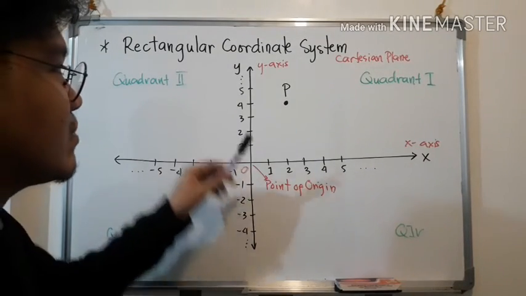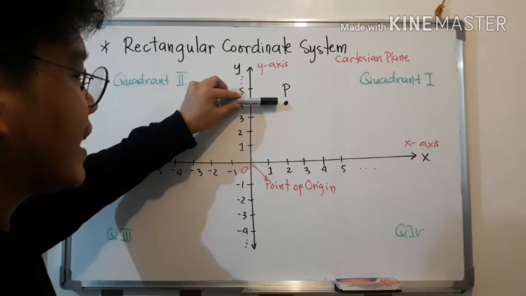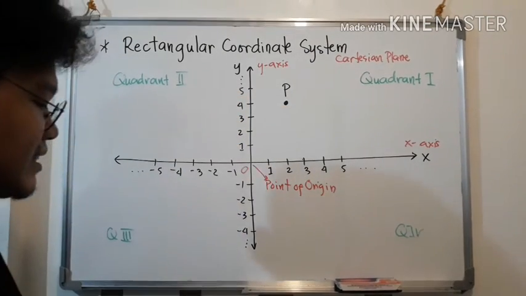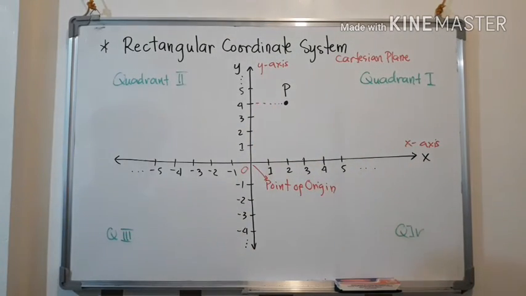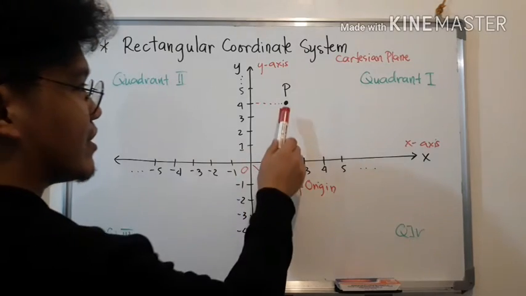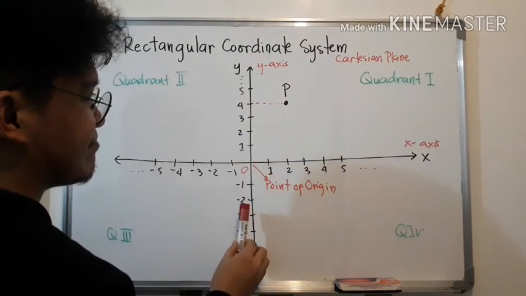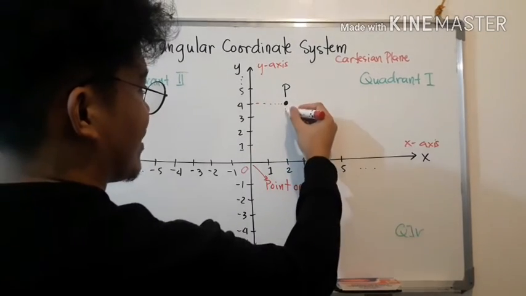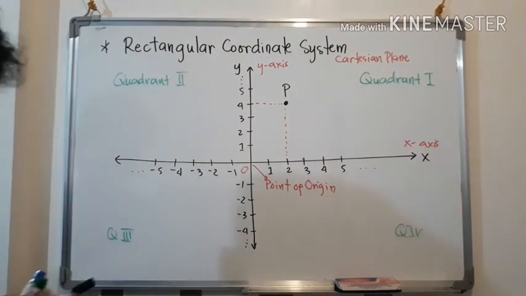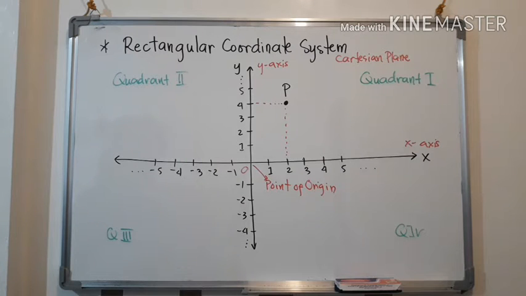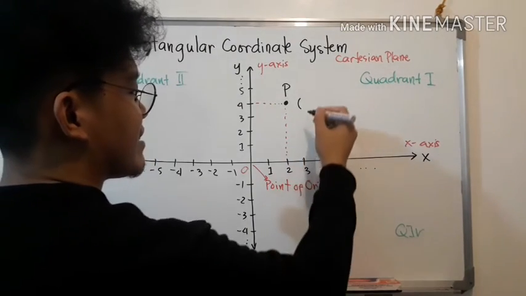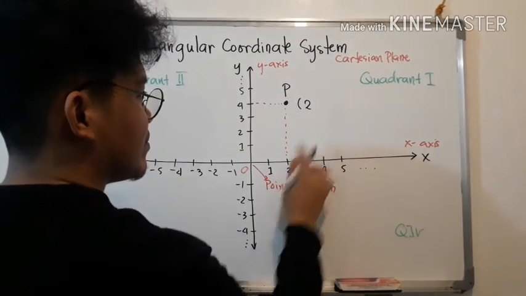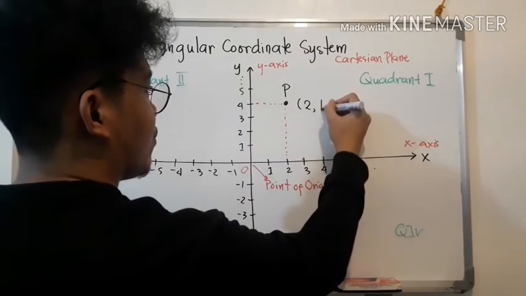The distance of this point P from the x-axis is this one. And what is the distance of this point from the y-axis? We have this. Therefore, the coordinates of point P are 2 and 4.